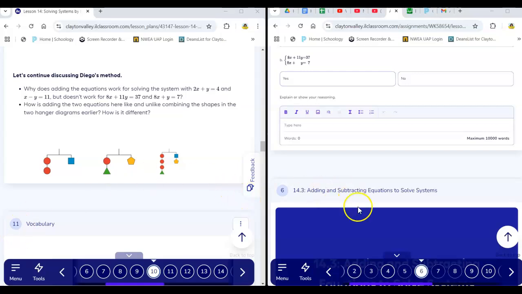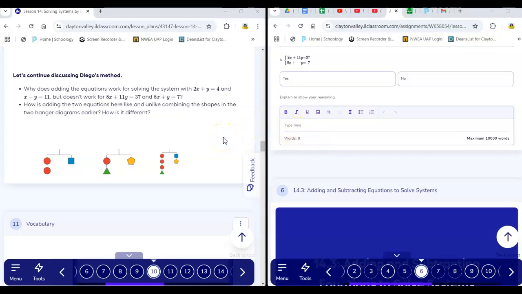So before you move on to the next activity, in order to answer this last question here, before you go on to 14.3, you need to look at this so that you can answer this, okay?